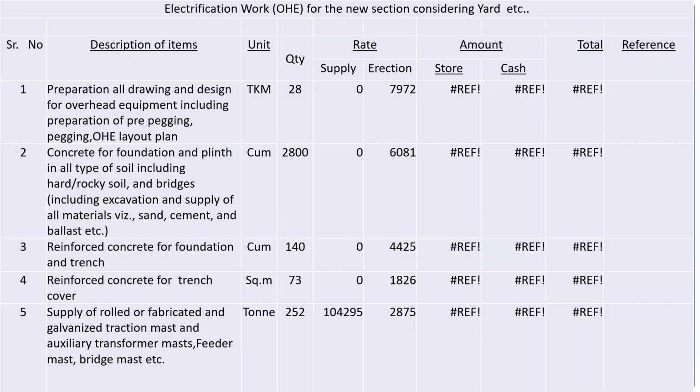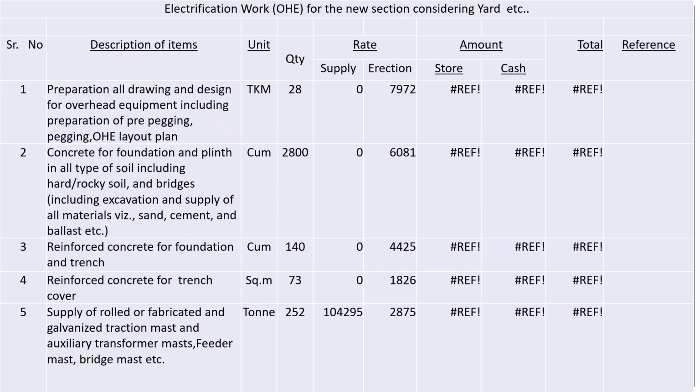And if this layout plan is not there, and somewhere it has only been told that this many TKM will be electrified, from there also you can make an estimate, not accurately, but as per the abstract estimate.